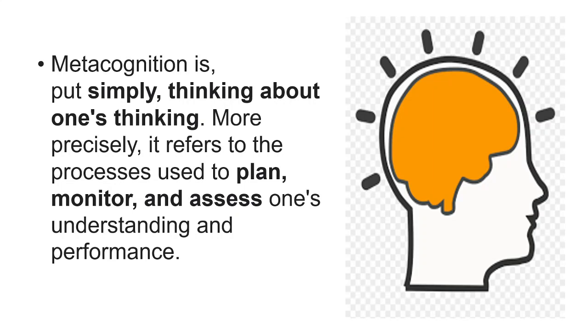So let's try to analyze what is thinking about thinking. The first thinking refers here to the teacher. Teacher must think about the thinking of the learners. Kailangan naman nating sumabay o as a teacher, kailangan pong sumabay. Ano ang magandang strategy na ituturo ko dito sa mga bata in order for them to learn?